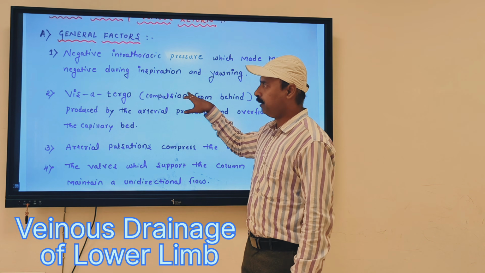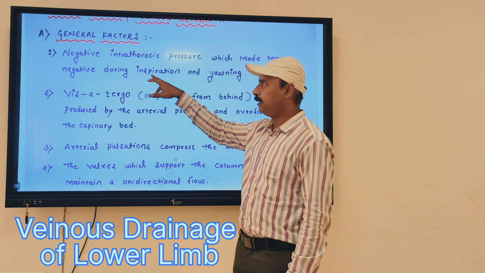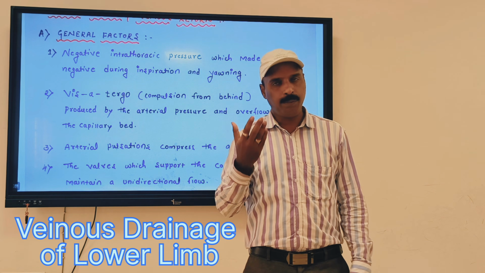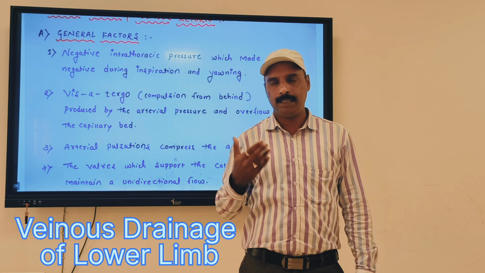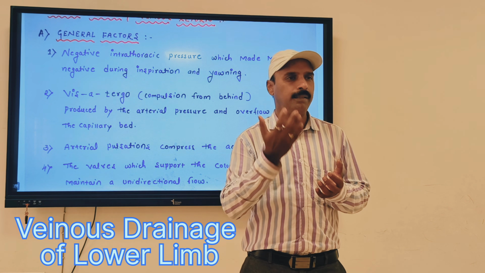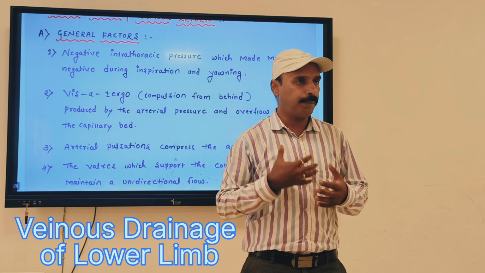One general factor for the venous return is the negative intrathoracic pressure. When we inspire, air enters the thorax, causing expansion, which creates negative intrathoracic pressure.